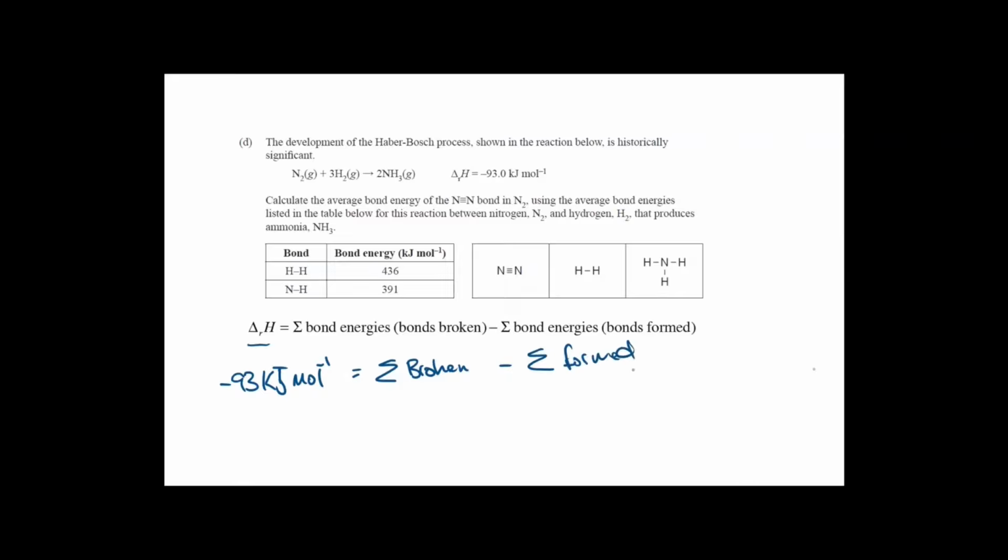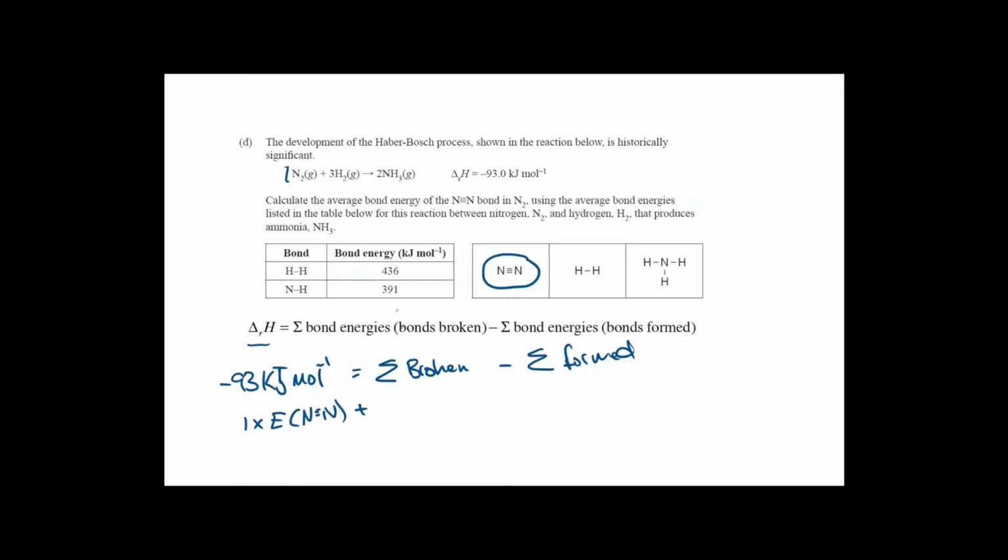Okay, let's have a look at what the energies that are broken are. So there's going to be one of those. There's a 1 in front of that N2. So it's going to be 1 times the energy from this N bond, plus there's going to be, how many of there?